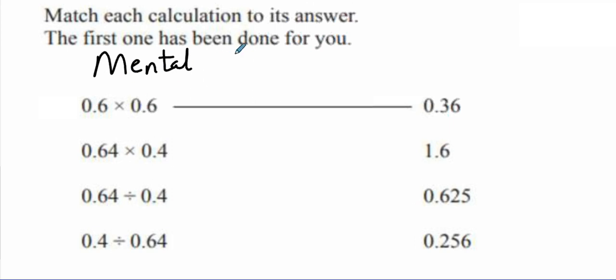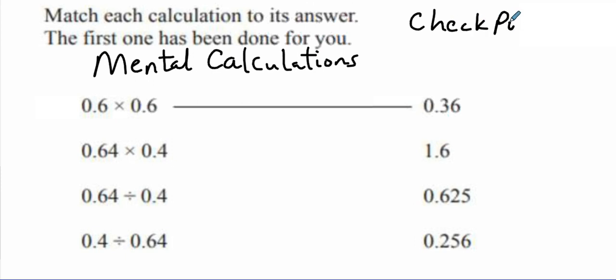These are mental calculations, and usually, like I said in my numbers part 1 video, in year 9, when you will be sitting for the checkpoint exam, you will have 2 papers.